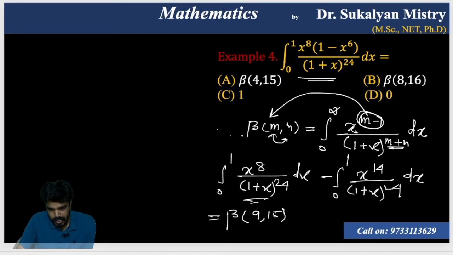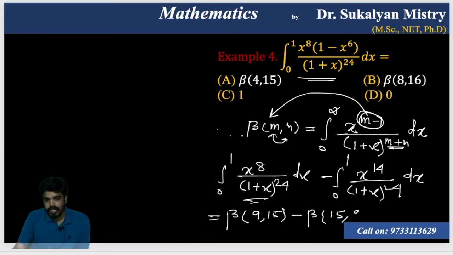Okay. Similarly, the second integral will be beta 15, and m plus n will be 24, that means here m is 15, so n must be 9.